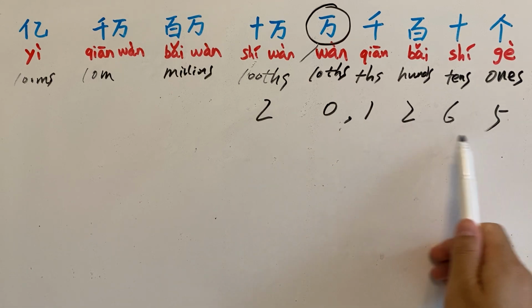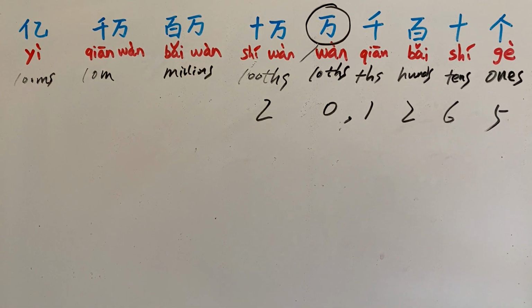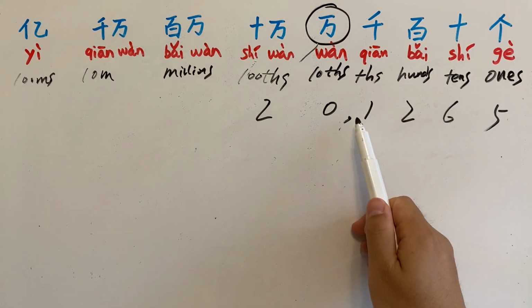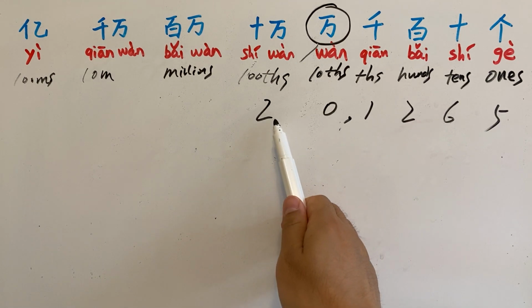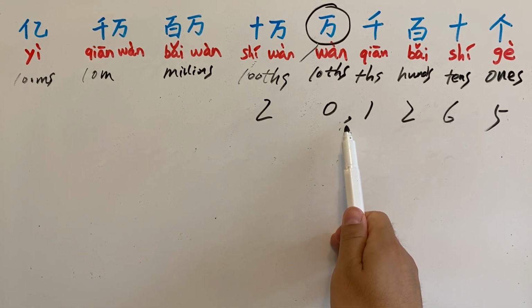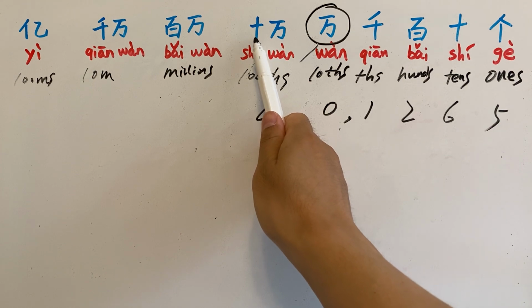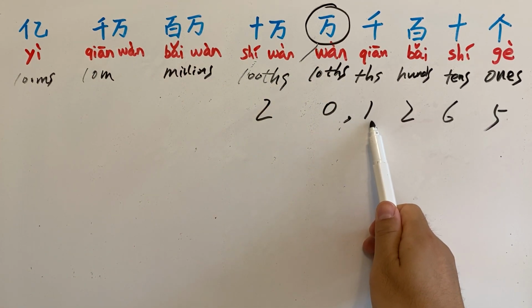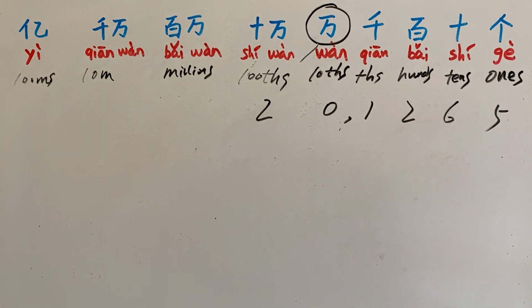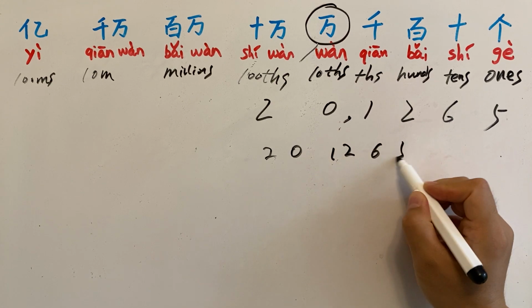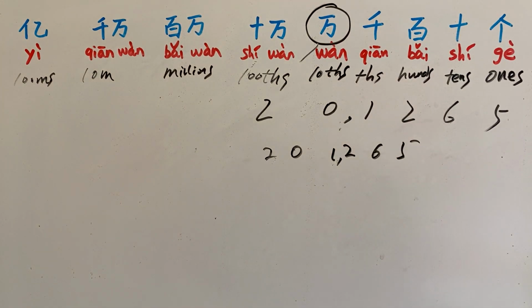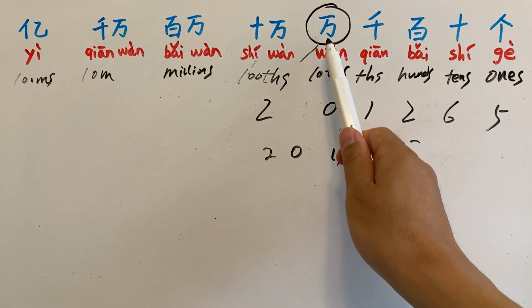Within this set, you count thousands, only thousands, and with this comma, the comma is 万. So this is 20万1265. In English, it is 201,265.